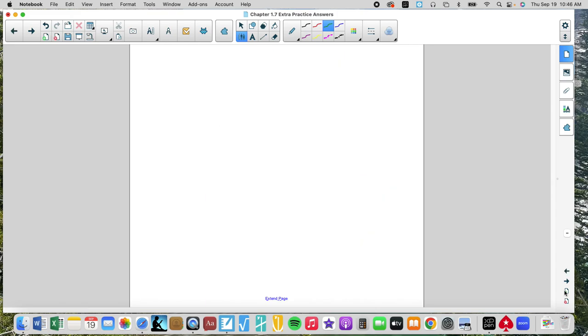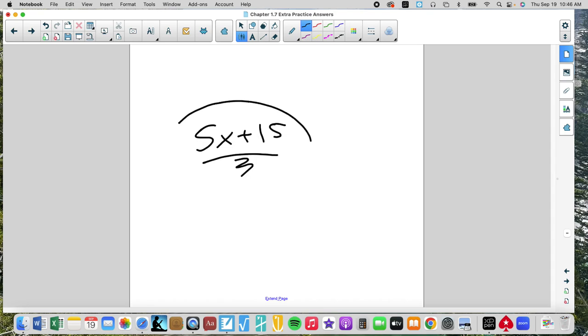A situation where you maybe wouldn't is 5x plus 15 over 3. If you have something like that, some teachers are going to allow you to leave that, as it is already simplified. This does not equal 5x plus 5.